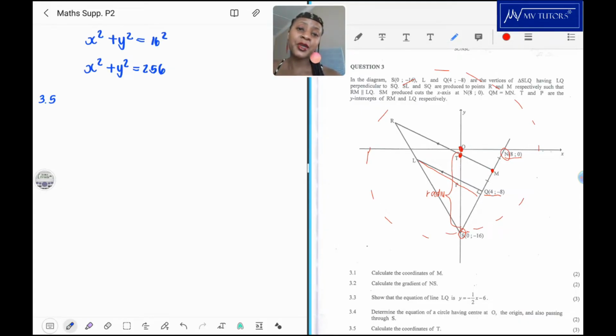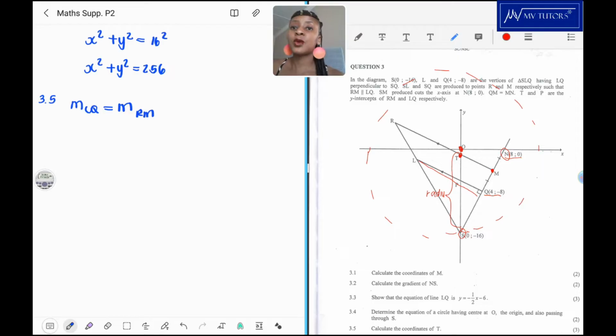Remember, LQ is parallel to RM, so the gradient of LQ is equal to the gradient of RM. Parallel lines have the same gradient. Perpendicular lines, if you multiply their gradients, should give you -1.